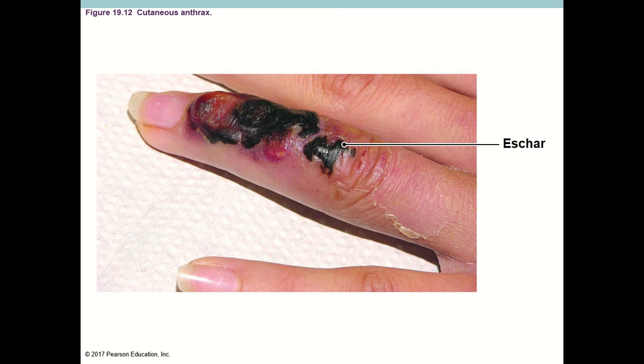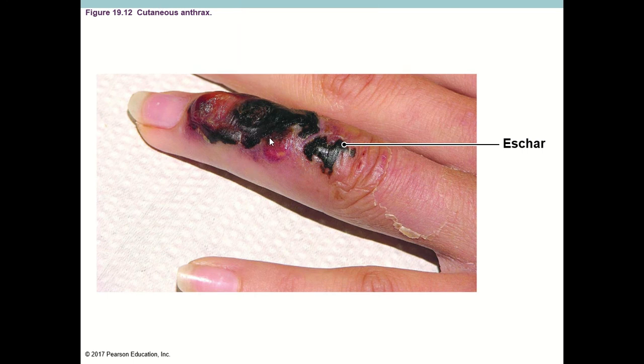So treatment for Bacillus anthracis would be comprised of antimicrobials. Any broad range antimicrobial would be effective against Bacillus anthracis, if treated within a certain time frame, before it causes necrotizing ulcers, for example in cutaneous disease.